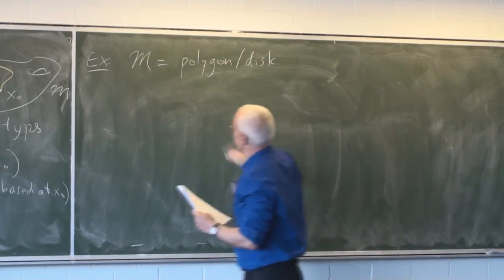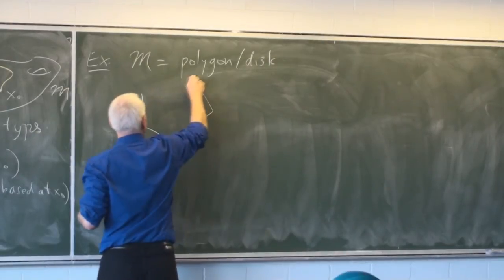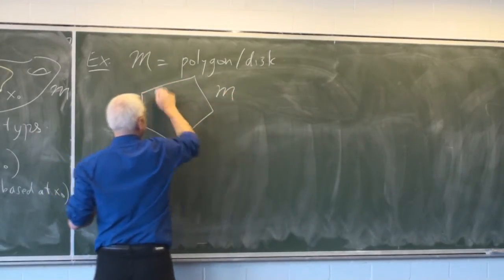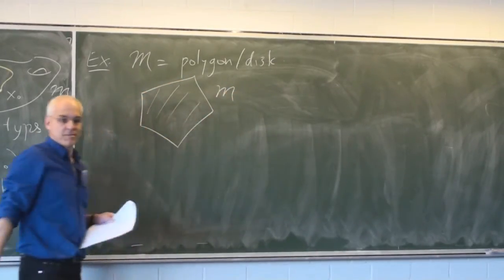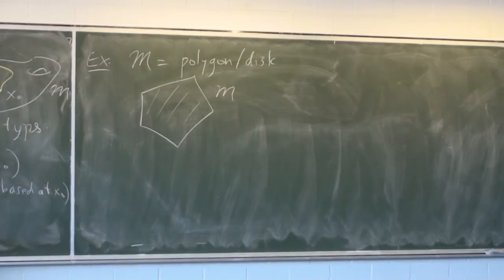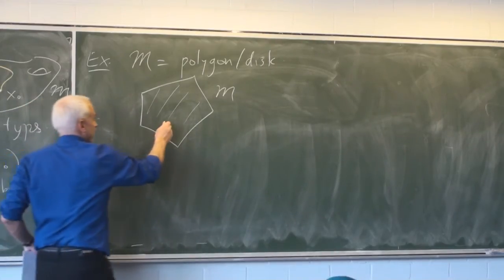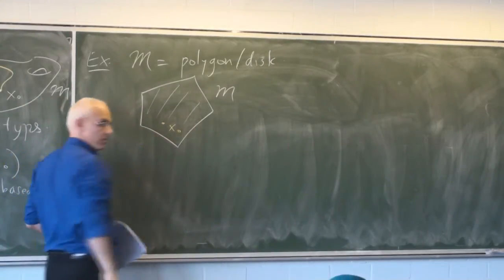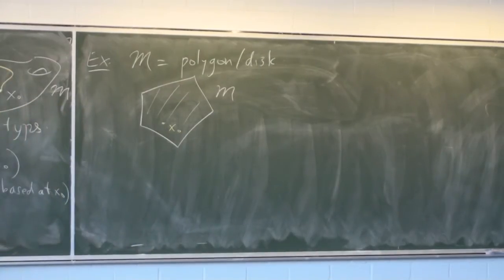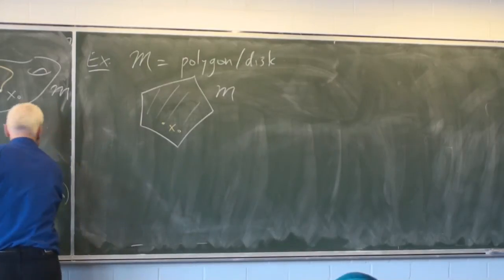So there's M. It's a surface with boundary. And we've chosen some point x0 inside it. And we're looking at loops based at this point x0.